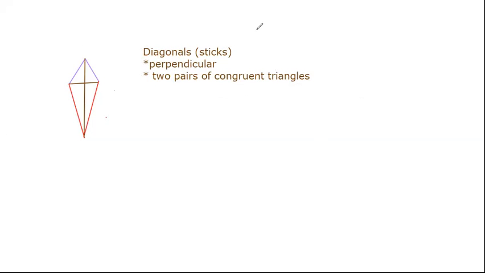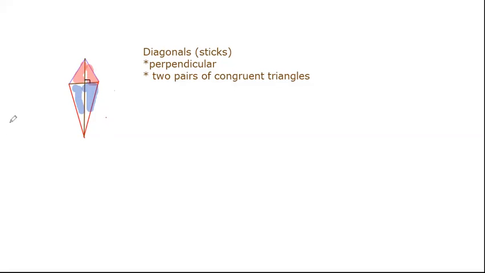Let's draw that in there, the information that we have. So this is 90. All four of those are 90. And then if we wanted to look at the triangles, these two are congruent, but also these bigger ones on the bottom, the blue ones, they're congruent as well.